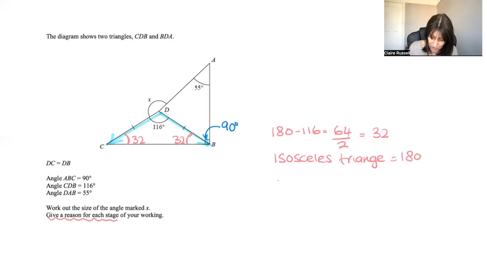So if I do 90 and take away the 32, okay, take away that, it's going to leave me just that little section in the new triangle that I want. So 90 take away 32 is 58. So I've got 58 in this corner of the triangle.